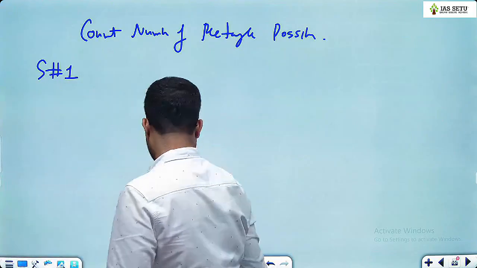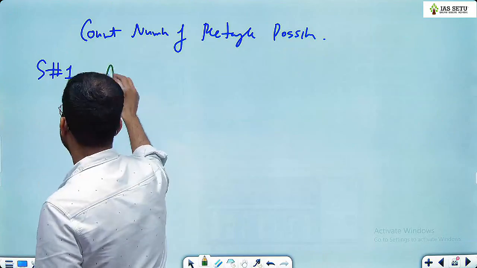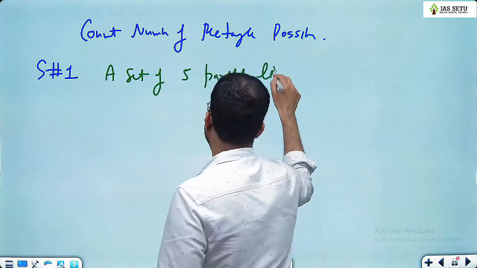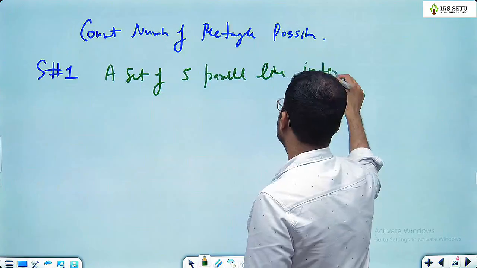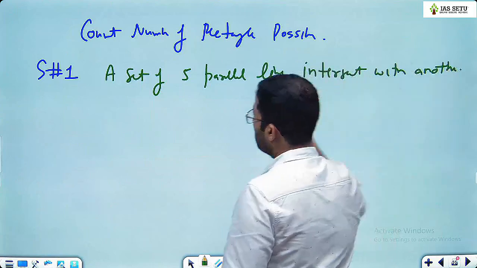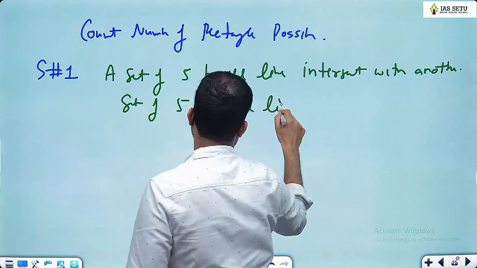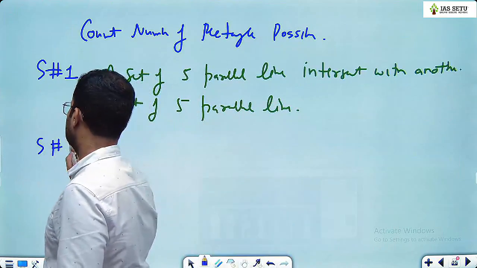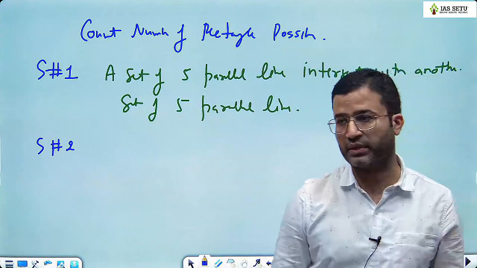Statement number 1: a set of 5 parallel lines intersect with another set of 5 parallel lines. ठीक है, this is one statement.